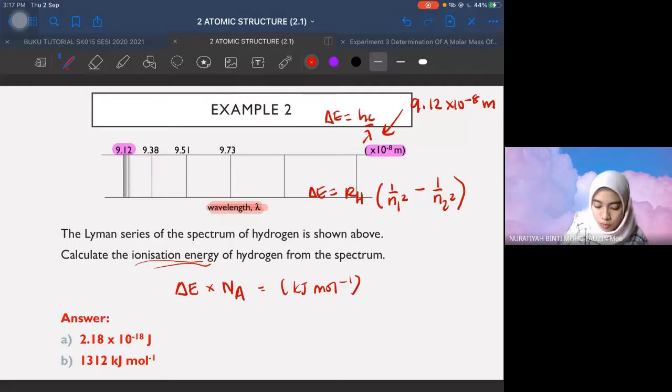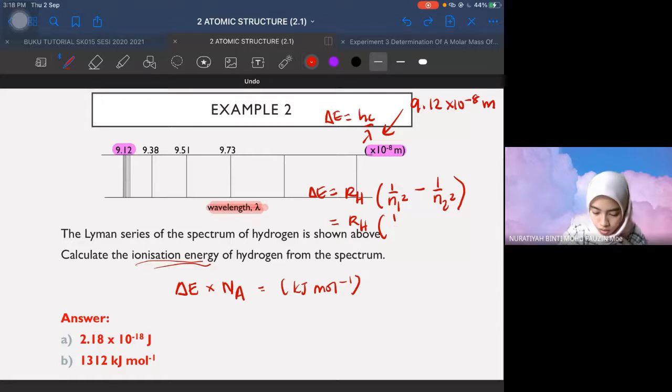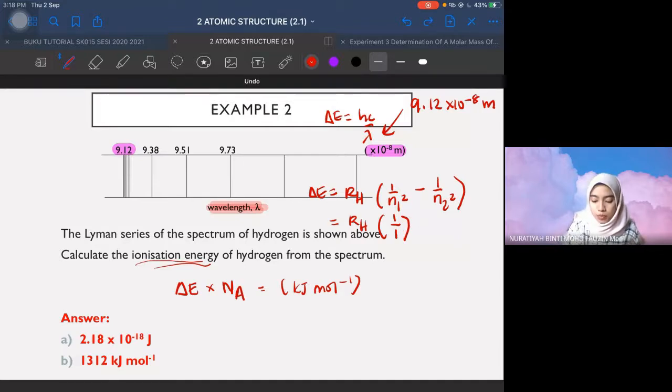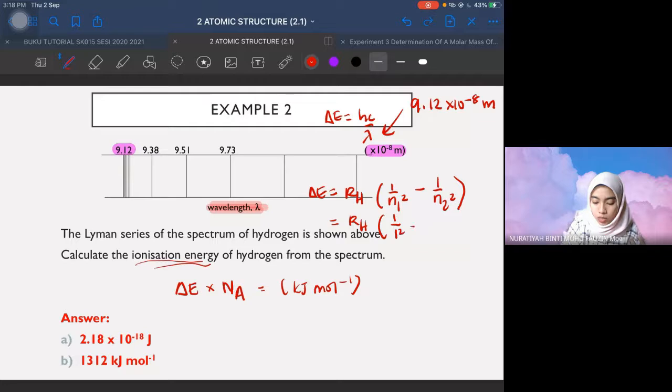Kalau yang ni, okay, masukkan value RH. Ini will be 1 over, boleh ke cari n1? Oh, Lyman series kan? Lyman series. Okay, so yang ni n1 awak akan jadi 1. Okay, 1 square minus 1 over infinity square.